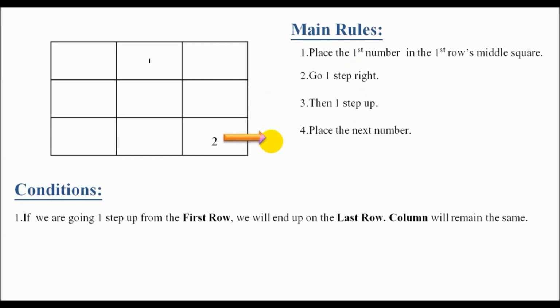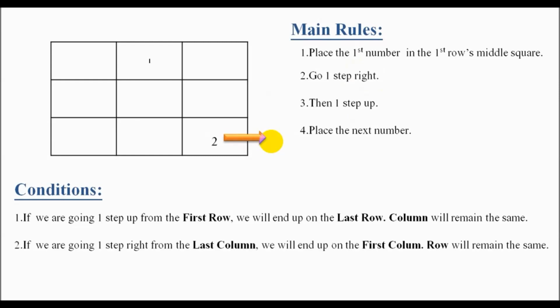So here comes the second condition. If we are going one step right from the last column, we'll end up on the first column and the row will remain the same. So we are going one step right from the last column, we are going to wrap to the first column and the row is remaining the same.